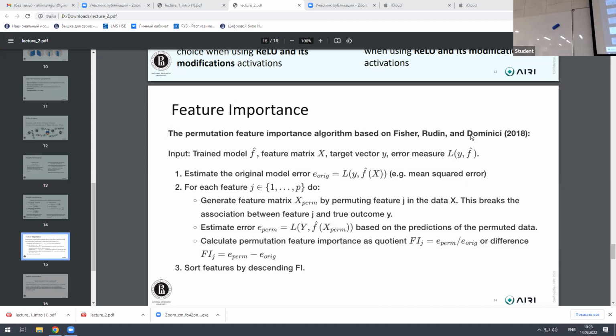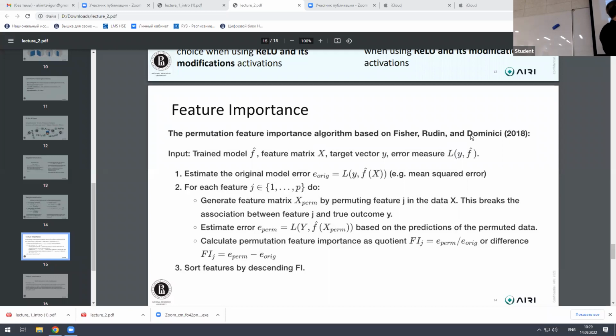Since we consider this to be an error function, the lower the value, the better the results, right? Of course, instead of this, we can use some quality function, and the larger value for them would signify better results. What's the feature matrix X and target vector Y? For now, let's assume it's either the training set or the validation set.